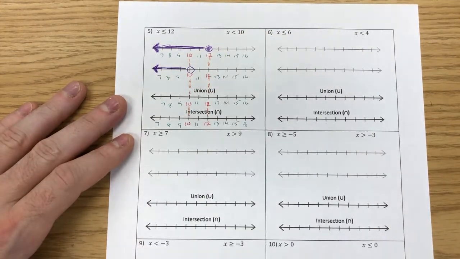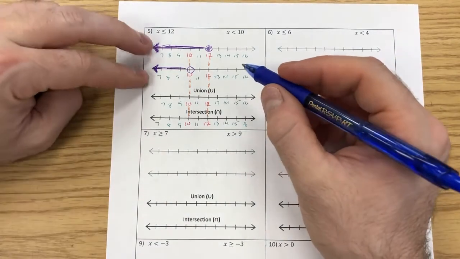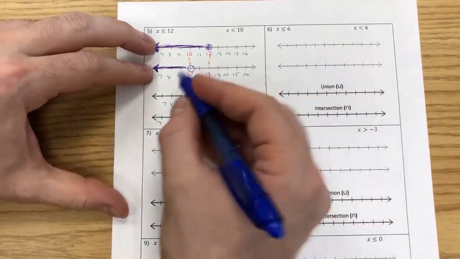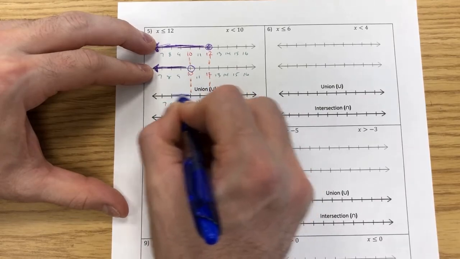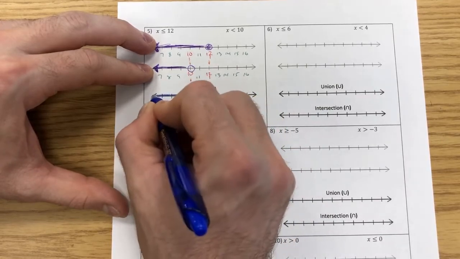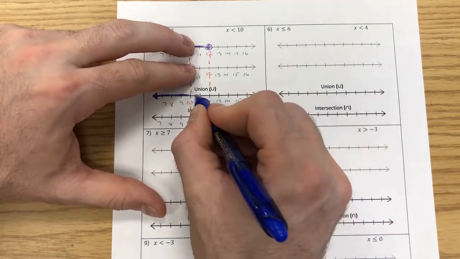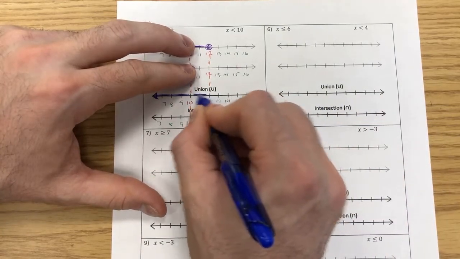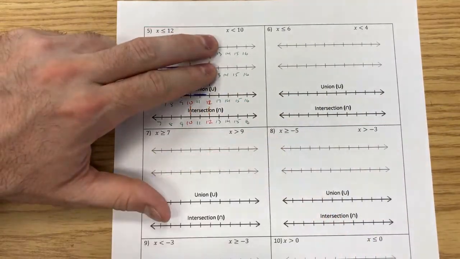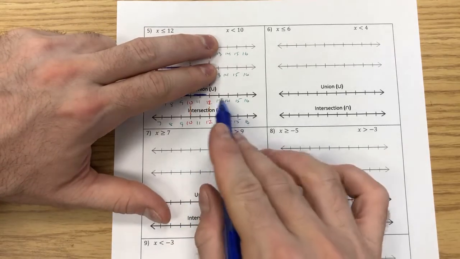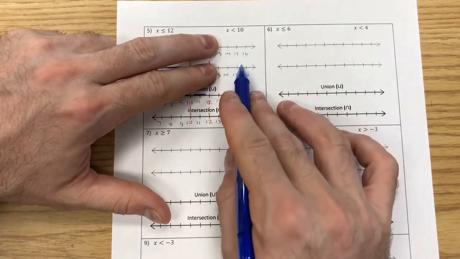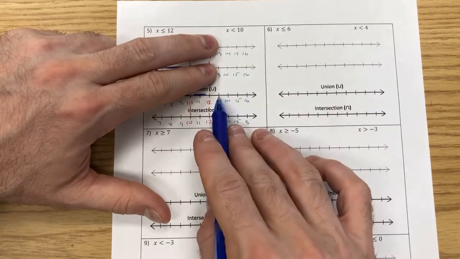And for union, I'm going to say, hey, does either one of them have the left numbers? Yes. So I'm going to shade that portion in. Does either one of them have the middle? Yes. I'm going to shade that portion in. Does either one of them have the right? No. Neither one of them, like tigers and sharks, neither one of them is a planet, so I don't shade that in.